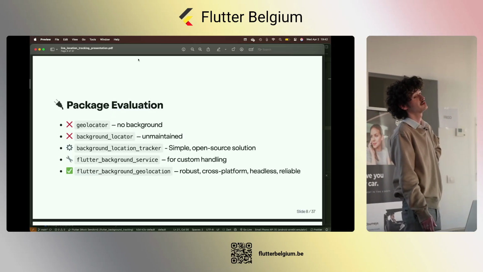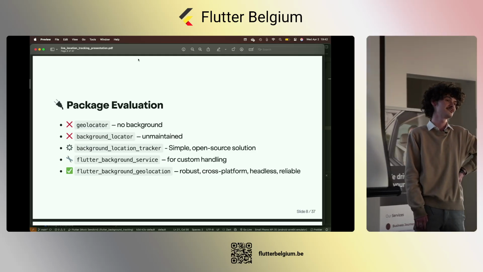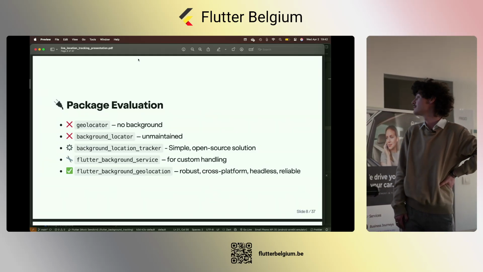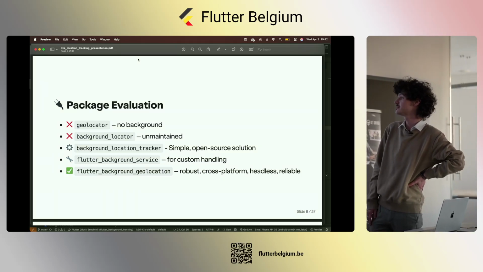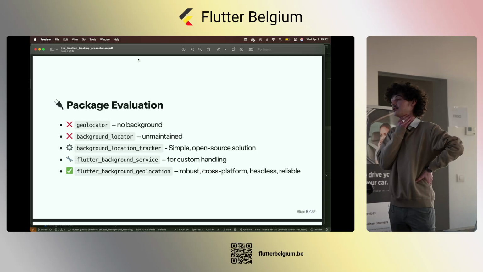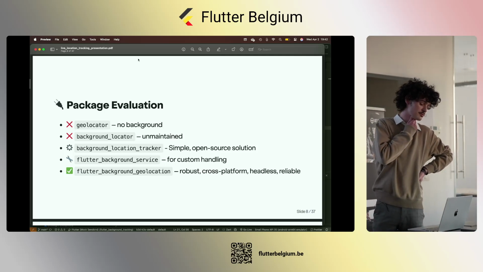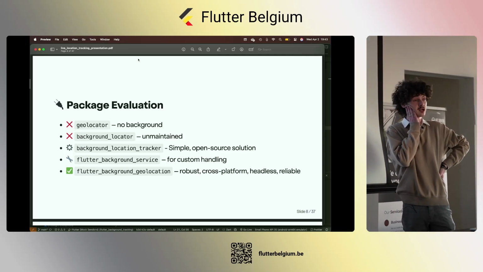For this, I wouldn't code it all myself, so obviously we searched for a package. We looked through a few, but we chose Flutter background geolocation as the most robust and featureful package we found. The other ones are unmaintained, don't even support background, or need a lot of extra coding.